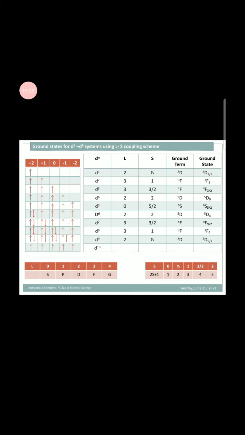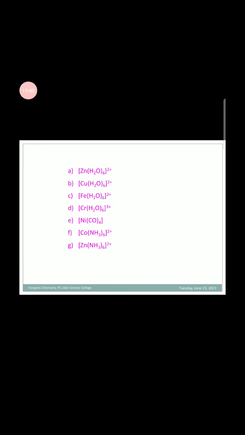If d has 10 electrons, L is equal to 0, S is 0, the ground term is 1S, the ground state is 1S0. The number of microstates is calculated by using the formula n factorial divided by (n minus r) factorial times r factorial. Thank you.